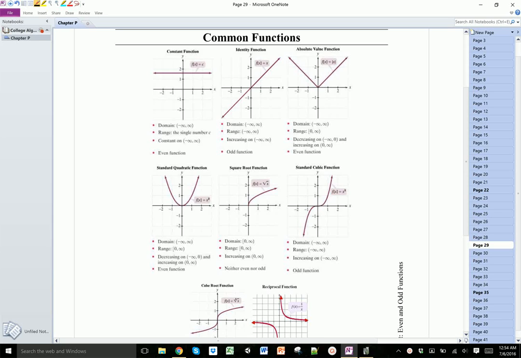The term odd function comes from the fact that those with odd exponents, so x to the first, x to the third, x to the fifth, and so forth, are going to be symmetric about the origin, and they are odd functions with their odd exponents.